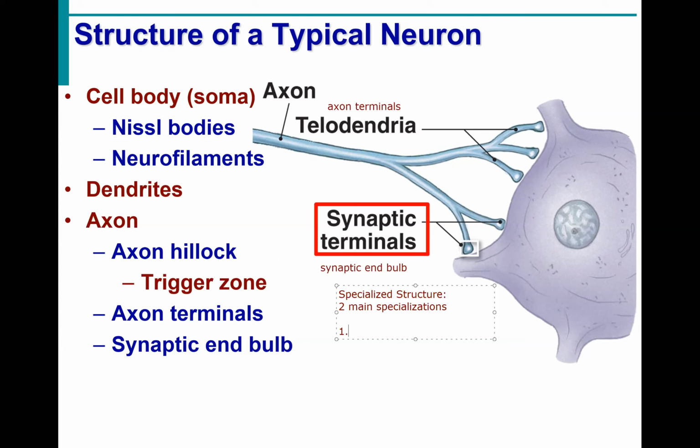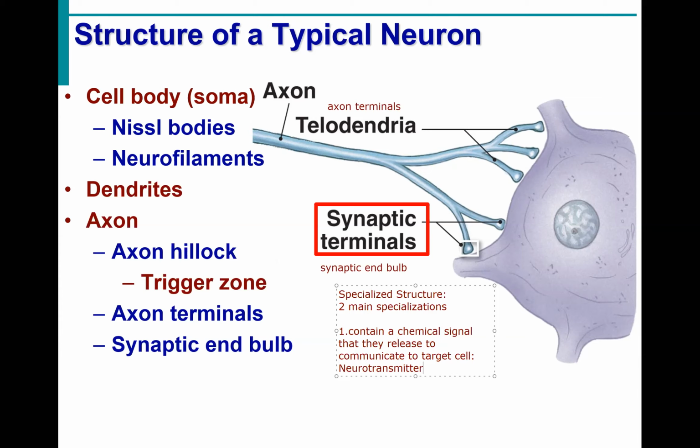Well, we know they contain a chemical signal that they release to communicate to the target cell. And what was the generic name? There you go, that is the neurotransmitter.